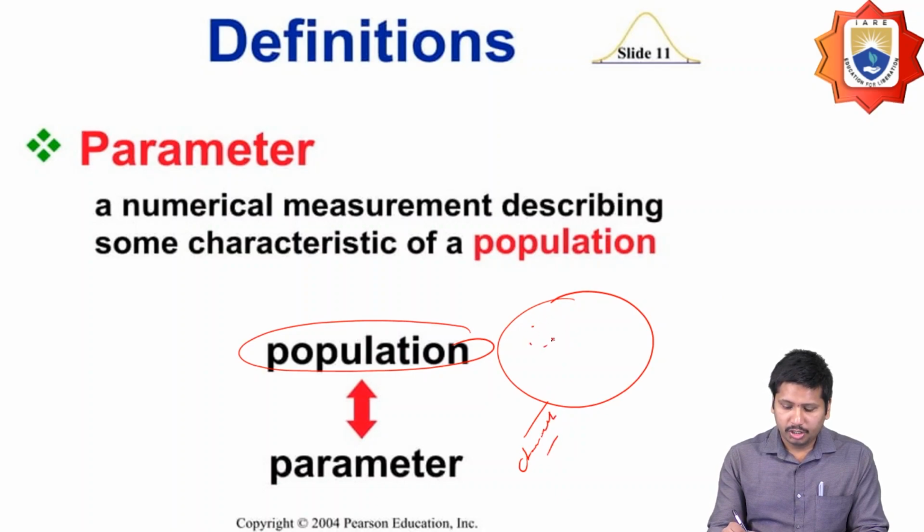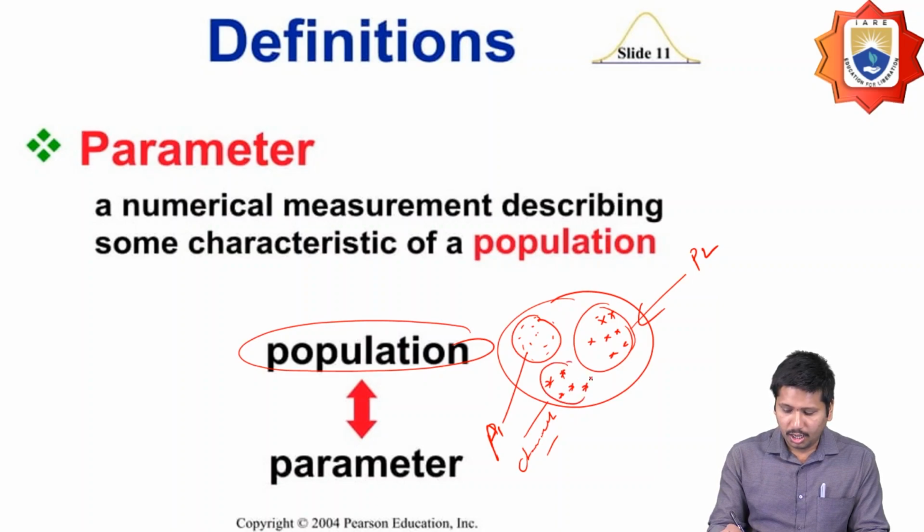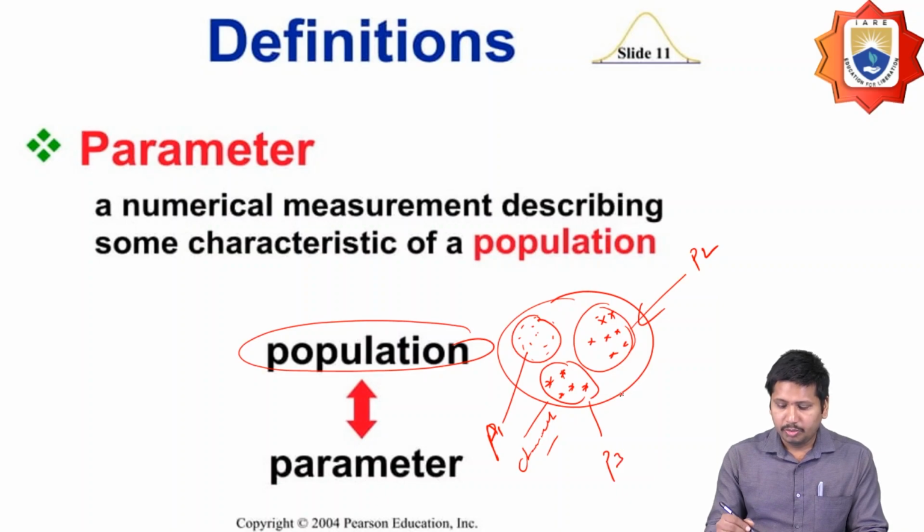Suppose in this population, all these elements have some parameter p1, and all the elements of the population have some other characteristics, which I'm going to consider as p2. So the numerical measurement which describes the characteristic of the population will be treated as a parameter.